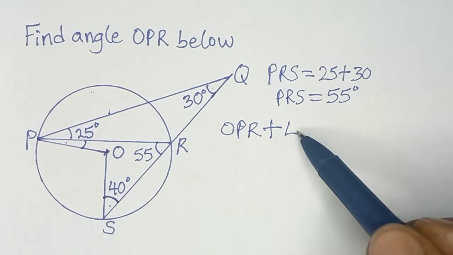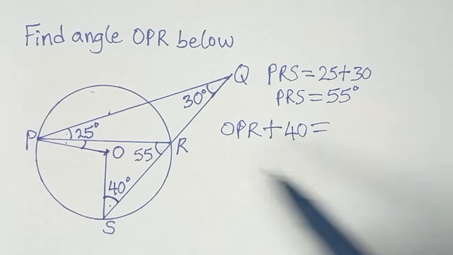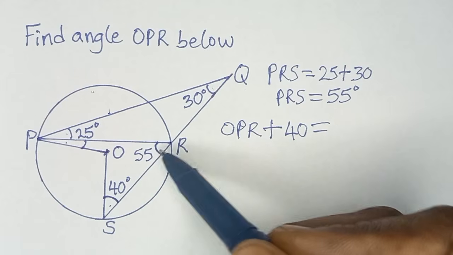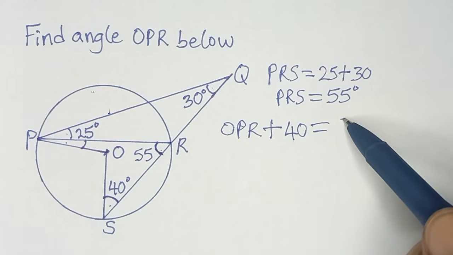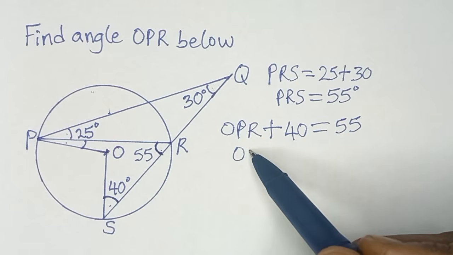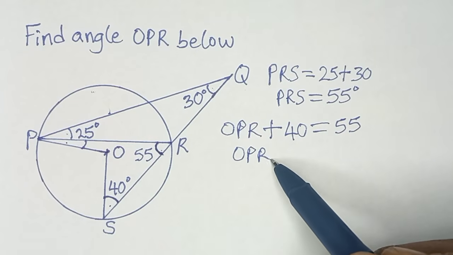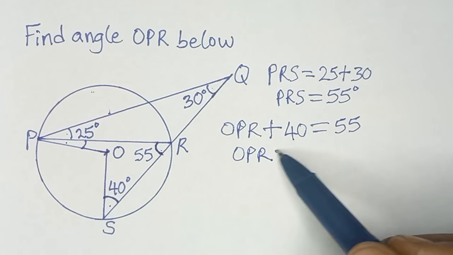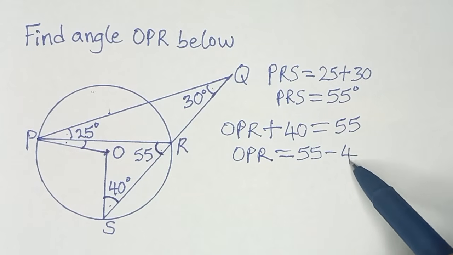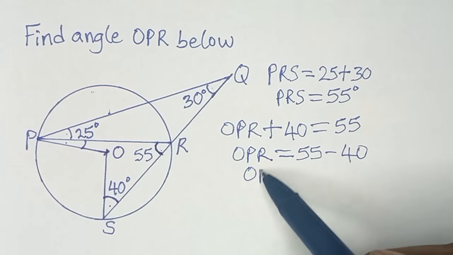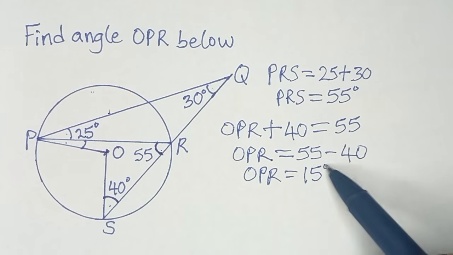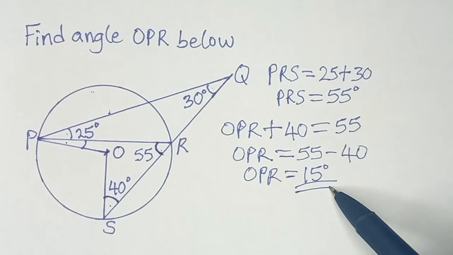So plus 40 will be equal to this angle at the circumference here at the top. So it will be equal to 55 degrees. And that will give us OPR, which is the angle that we are looking for, as equal to 55 minus 40. And that will give us angle OPR as 15 degrees as our final answer.